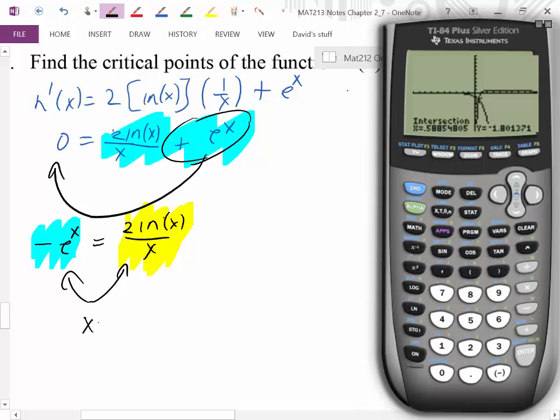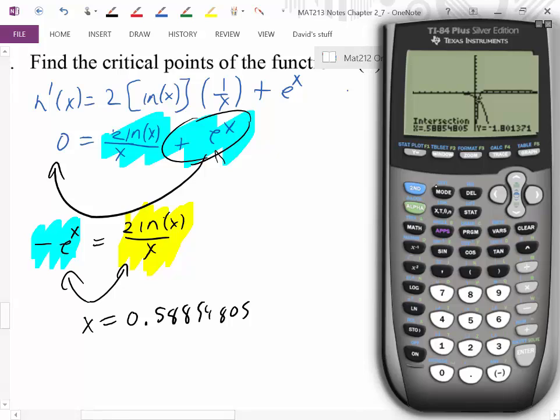What we have are x values, though. So the x value is the only thing we actually care about. What we've just found is the x value where these two graphs intersect, at 0.5885485. Or what we're saying here is when I substitute that into this equation up here, it'll equal 0.